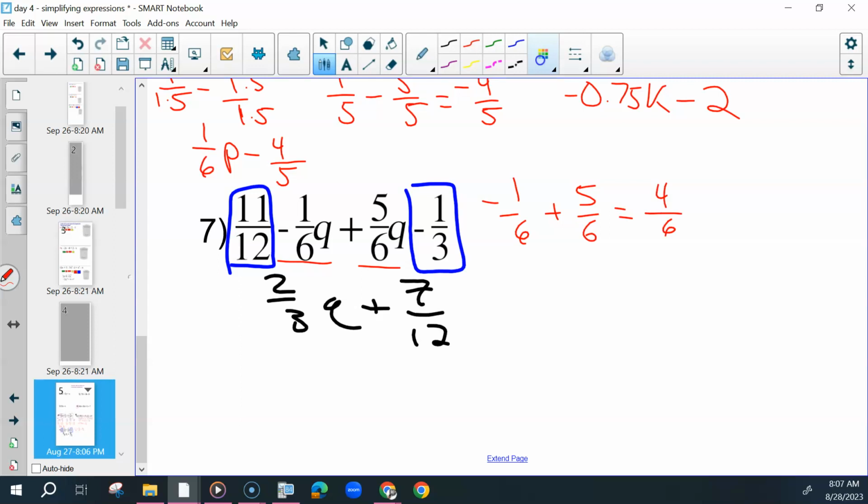So these can both be divided by 2. So that would be a simplified version of that. When you put it in your calculator, it will automatically give you that answer. And then you're going to do 11/12 minus 1/3. Here we do not have common denominators, so we would need to multiply this by 4.